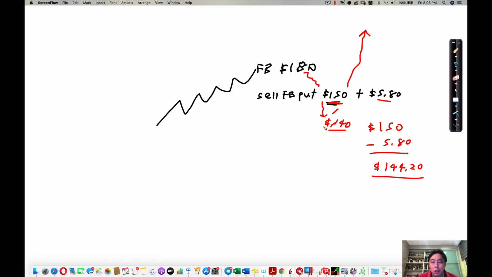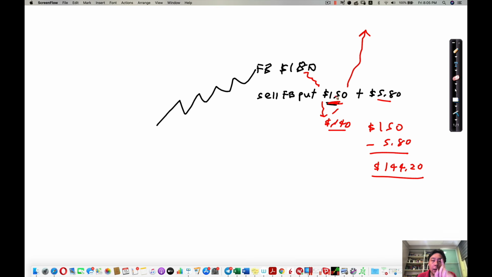And because you don't have the cash to actually buy the shares, then you have to close the put for a loss. So you sold the put, you have to buy the put back to close the trade, or you'll be forced to own the shares, which you don't have the cash for. So you have to buy the put back.